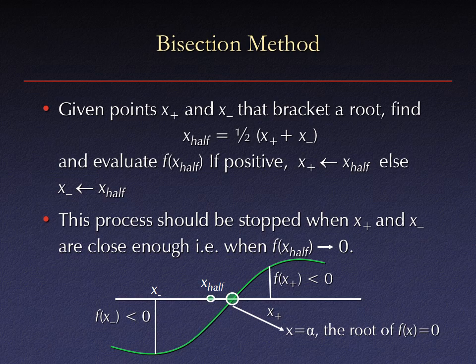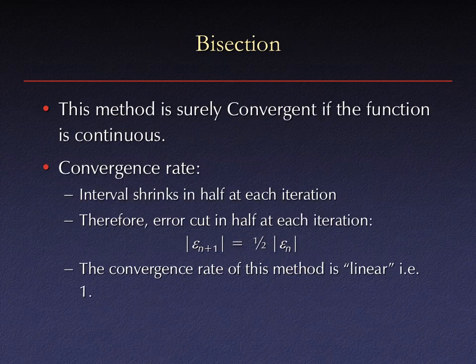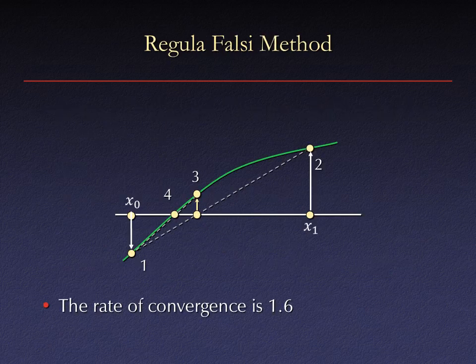This is the fundamental concept of the bisection method. This method is surely convergent if the function is continuous, and the convergence rate of this method is linear, that is 1.